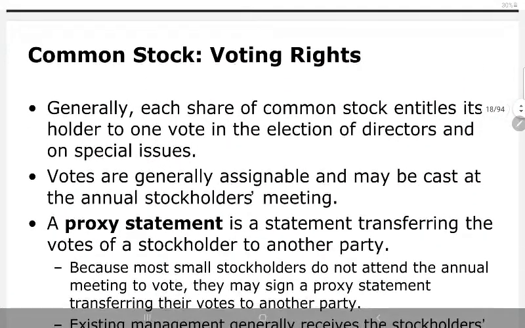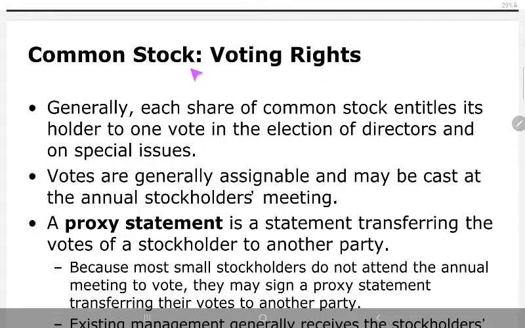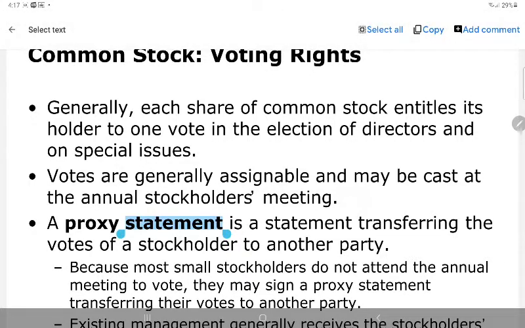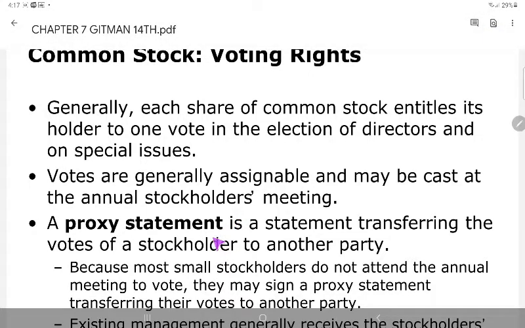So, do remember that if you are the common stockholder, you can vote. Kaya nga ang sabi ay you can control, because you can actually vote. But there is a proxy statement of which the stockholder may transfer, or not necessarily transfer, but he can ask someone to represent himself when there is a need to vote.